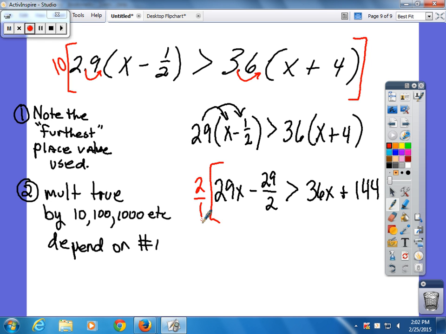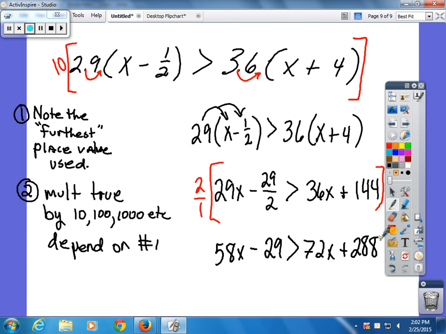Multiply by 2 over 1, all the way through. What's 2 times 29? 58. What happens to the 2 with the 2 over 29, or 29 over 2? Cancels. 36 times 2, 72. And 288.